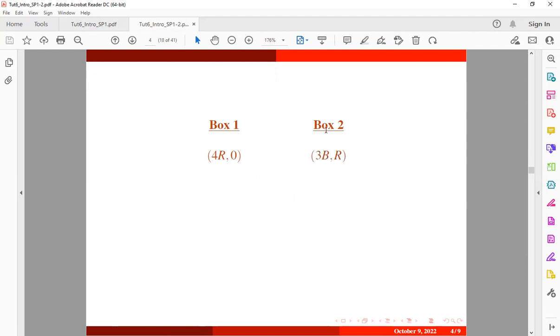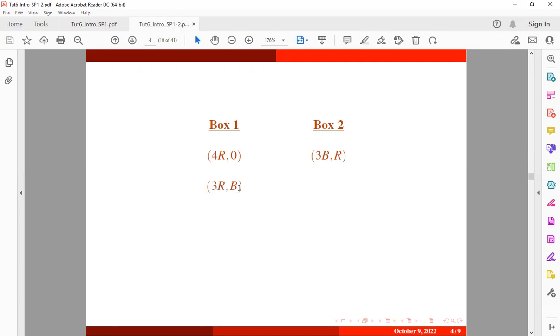Box two then has 3 black balls and 1 red ball. Adding 3 plus 0, we have 3 black balls, and adding 4 plus 1, we have 5 red balls. Each box contains 4 balls.